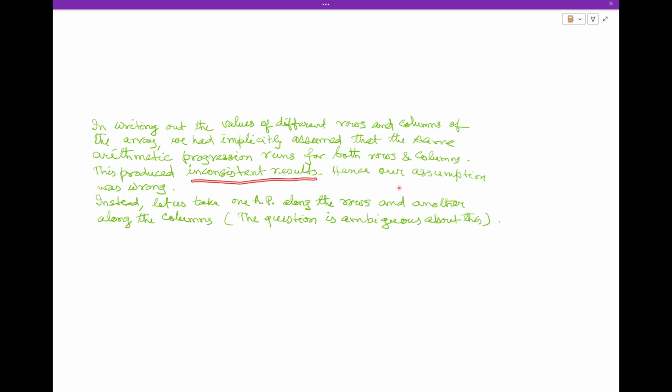Therefore, our assumption was wrong. Instead, let us take one AP, that is one arithmetic progression along the rows and another arithmetic progression along the columns. The question is ambiguous about this. So let us try out this variation.